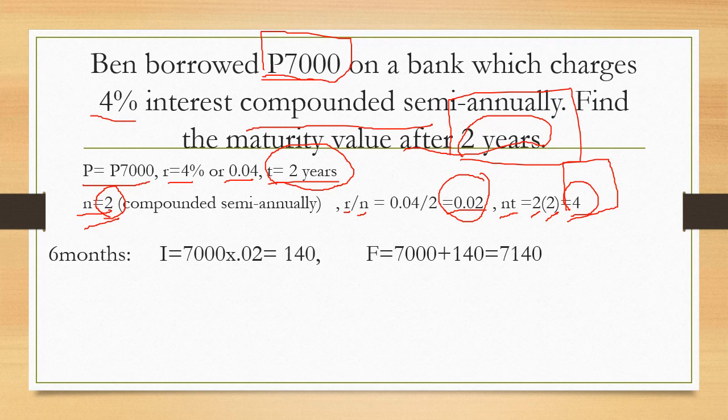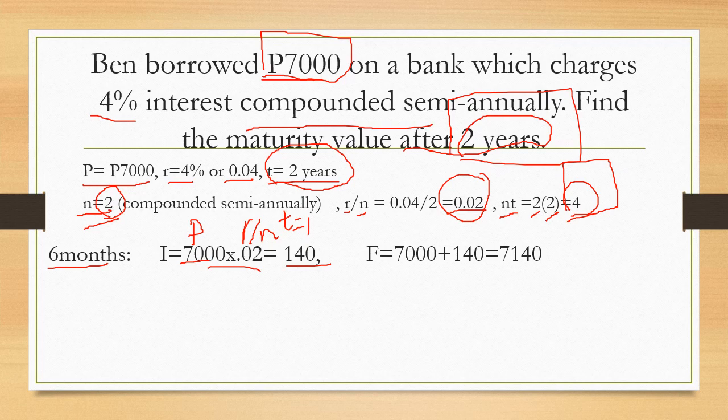Now, take a look at this one. For the first 6 months, based on our last topic, this is the principal, 7,000. This is your rate, the R over N this time, 0.02, because the interest is 0.02 every 6 months. So P times R times T, and the T for this illustration will always be equal to 1. So 7,000 times 0.02, we will have 140 pesos.